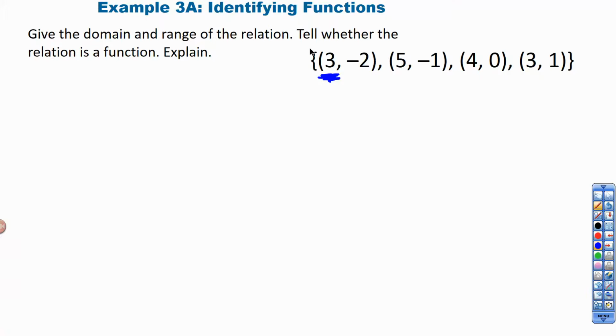Nick, where is the other 3 in the x position? The last one, yes. All right. So for this given input, it gives us what as an output? -2. For this given input, it gives us what as an output? +1.